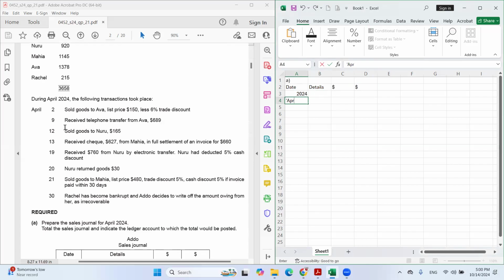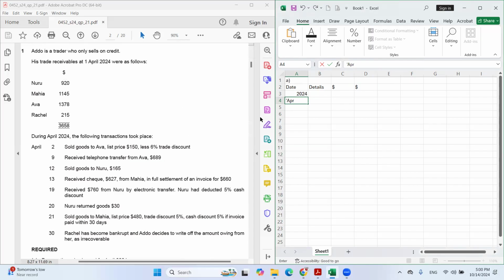The first one, April 2nd, sold goods to AWA. This one has a list price of 150, less trade discount. I'll show you 2 ways to do the recording.